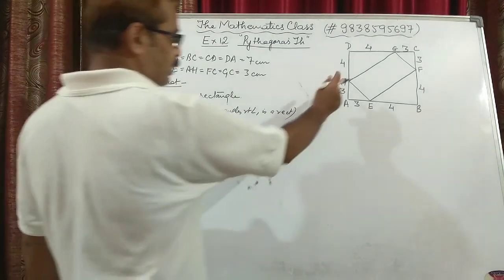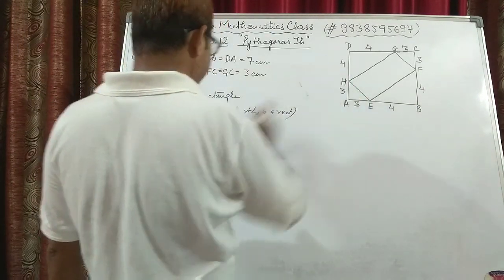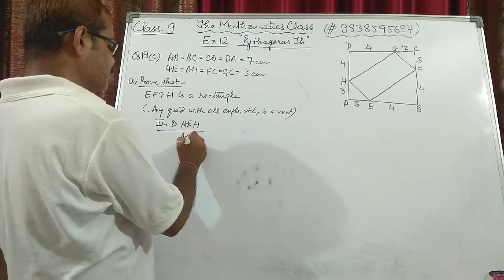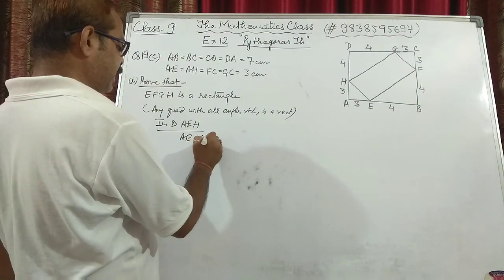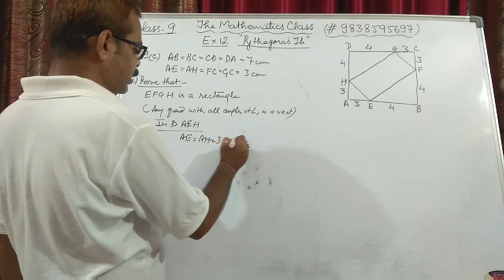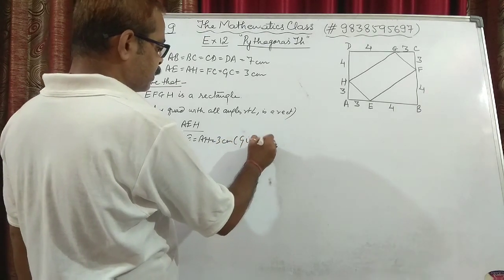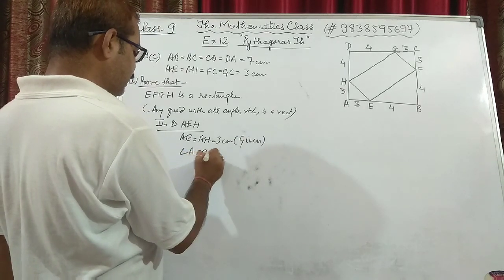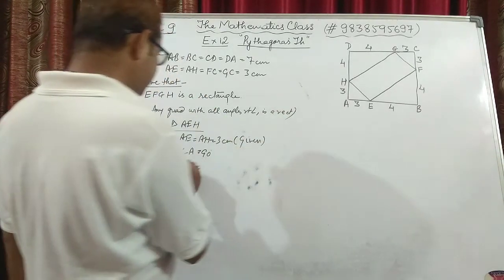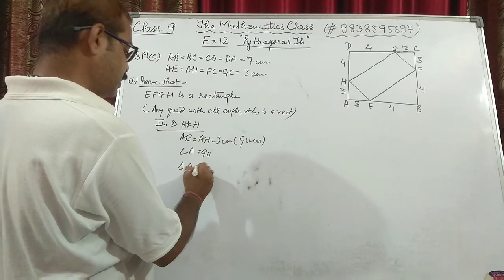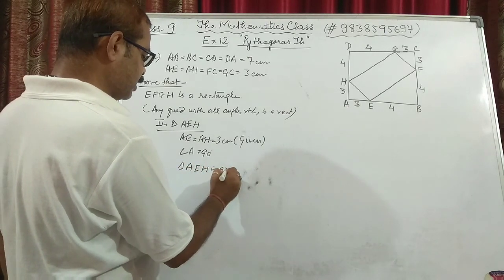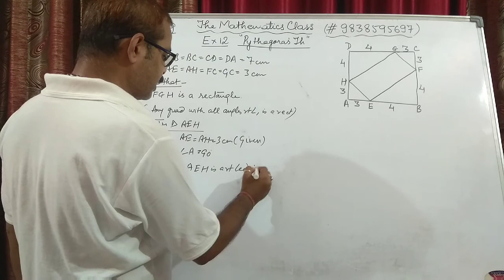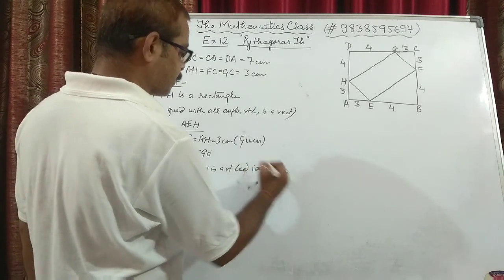So if you consider triangle AEH, AE is equal to AH is equal to 3 centimeters, that is given, and angle A is equal to 90 degrees. It means that triangle AEH is a right angled isosceles triangle.